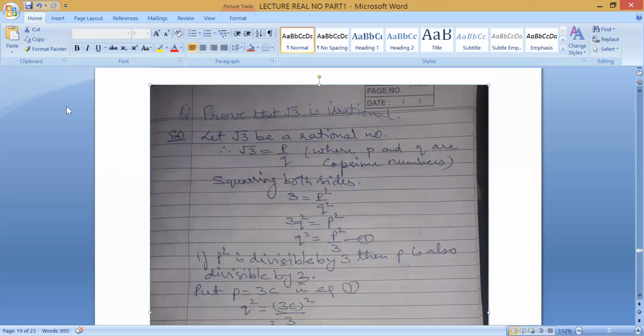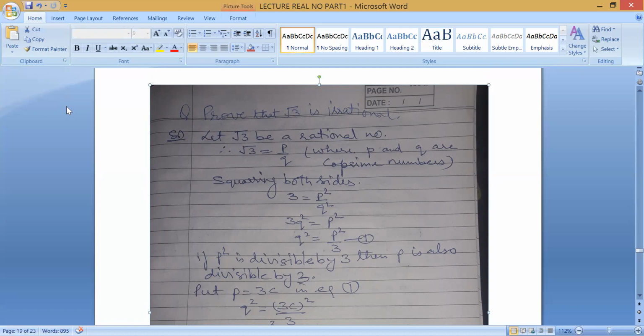If you have gone through the lectures and the chapter 1 part 4 video, then you will come to know how this question is completed. Here, let root 3 be a rational number.